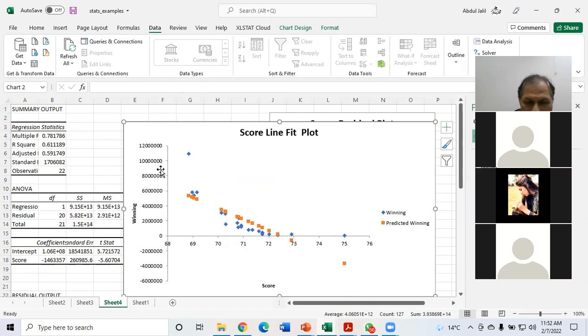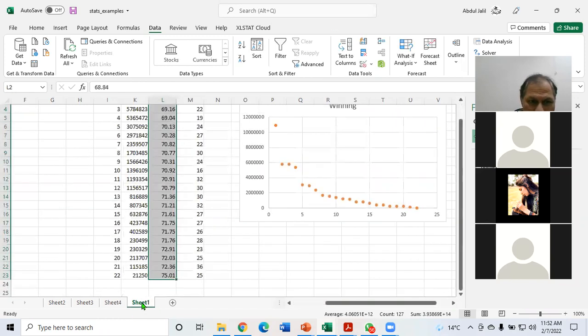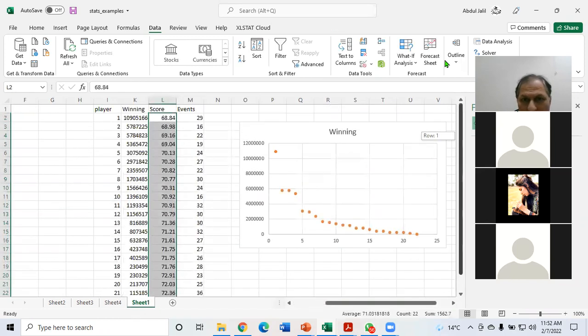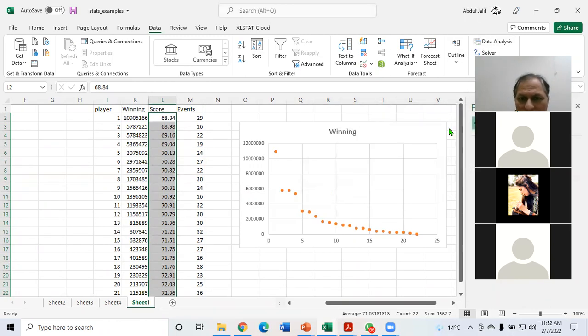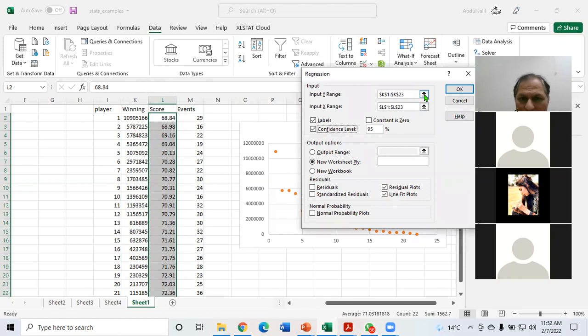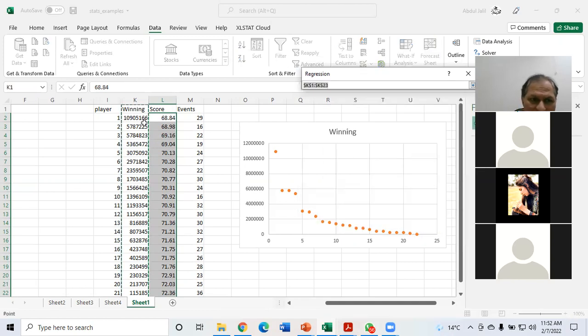Now this is the one situation, and I'm just going to calculate for the second situation. How much time, 5 minutes are there. So quickly I have to do this data regression, and then I'm going to pick a different y variable, because previously the y variable was there.